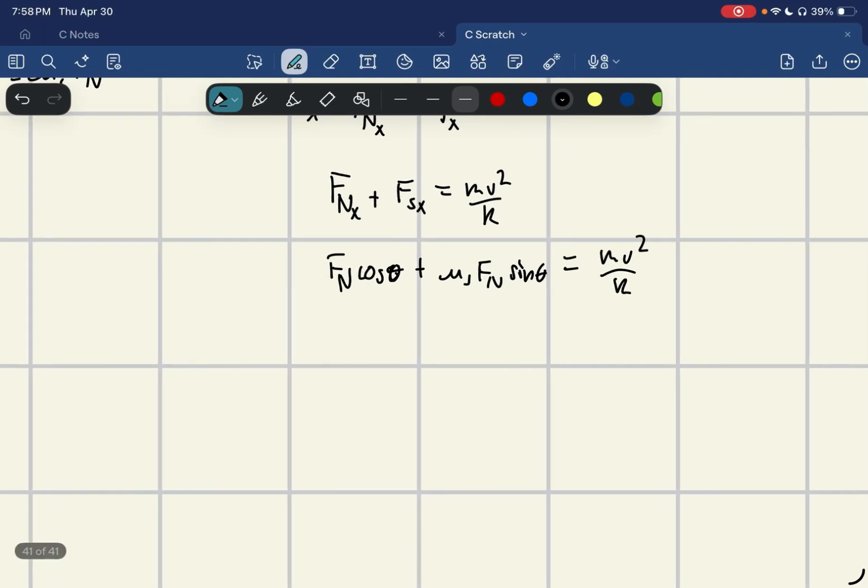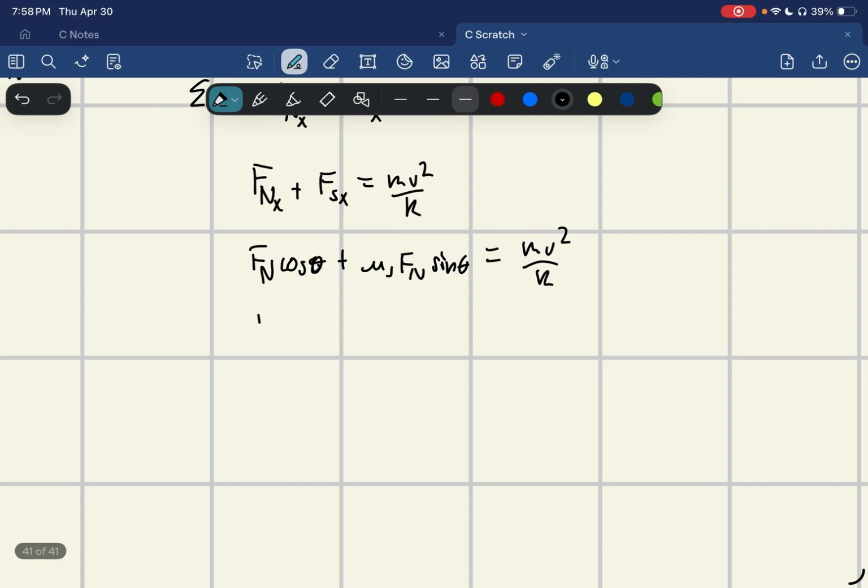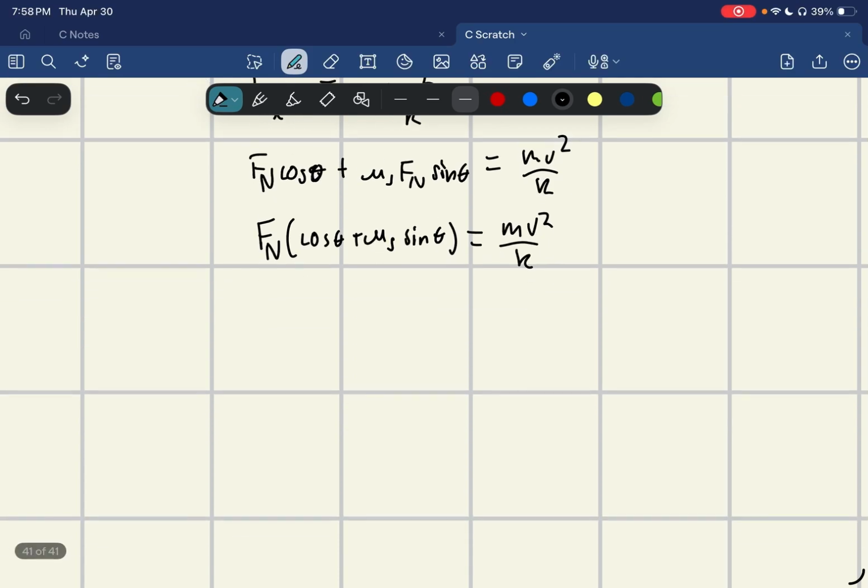Then I'll factor out fn from both terms on the left side. So fn times cosine theta plus mu s sine theta is equal to mv squared all over r. And then here I'll just isolate for fn again. So fn is equal to mv squared all over r times cosine theta plus mu s sine theta.